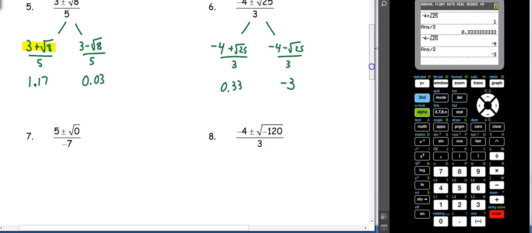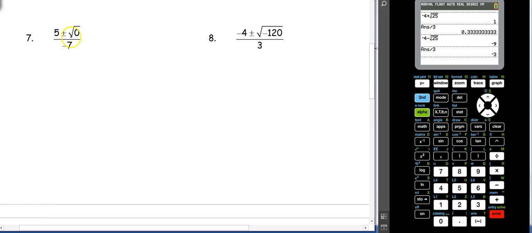Now, 7 and 8 are special cases, because if I take the square root of 0, it's 0. So no matter if I subtract or add 0, I'm going to get the same answer. So I'm just going to show you on the calculator, but then we should know if it's a square root of 0, we only have to do this once. I have 5 plus the square root of 0 over negative 7, and 5 minus the square root of 0 over negative 7.